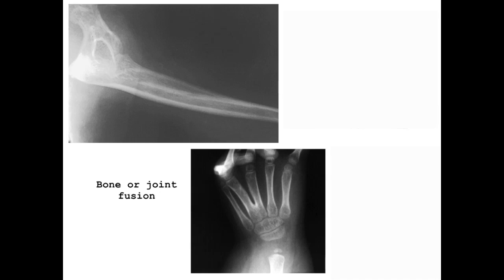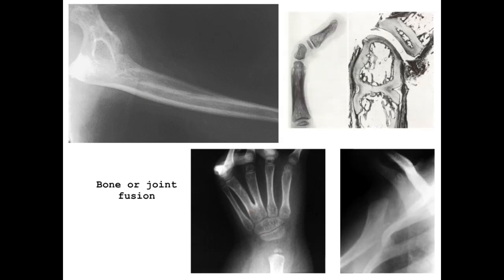The result is transverse fusion between paired bones, such as the radius and ulna, the metacarpals, or between the carpals themselves, that is carpal coalition, and/or longitudinal fusion between serial bones, that is between humerus and ulna, or between adjacent phalanges.